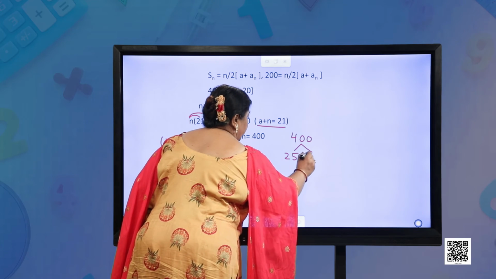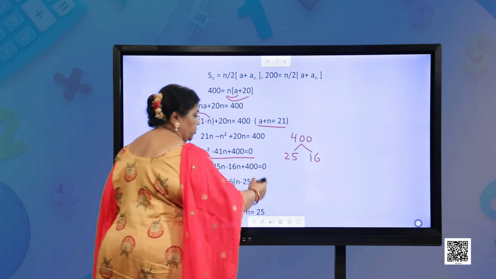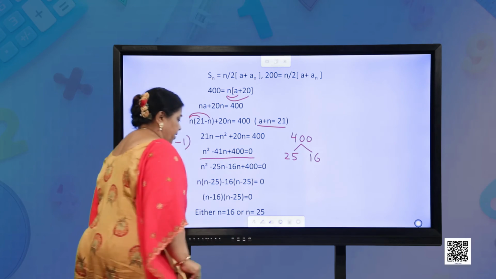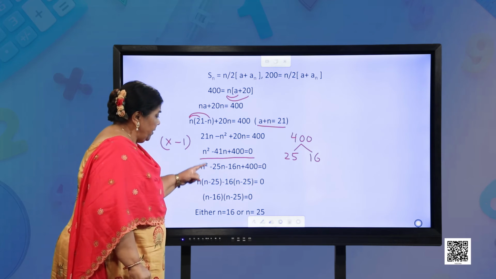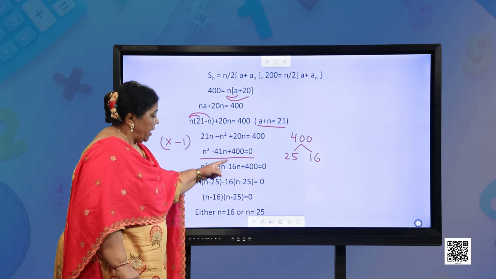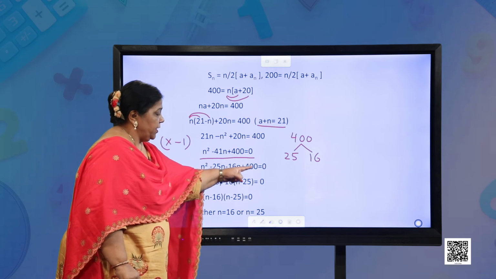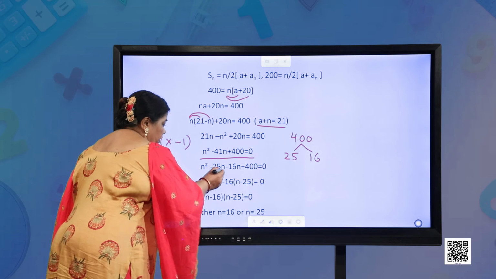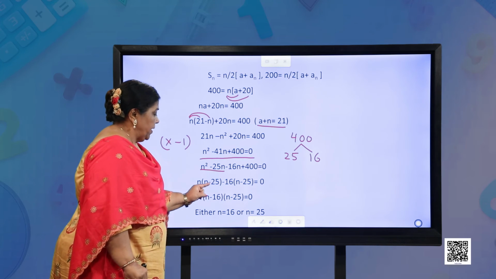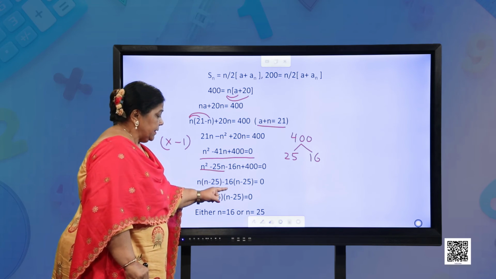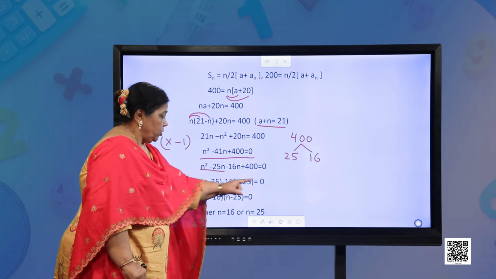So, we have selected 25 and 16. You see, if I add I get 41 and if I multiply I should get 400. So, n square minus 25 n minus 16 n plus 400 is equal to 0. What is common in the first two terms? Obviously n. N into (n minus 25) minus 16 (n minus 25) is equal to 0.